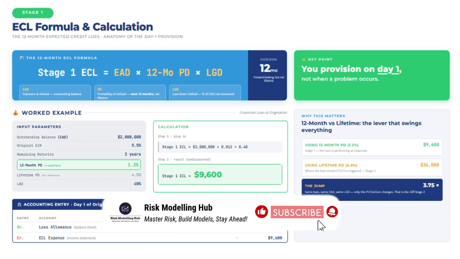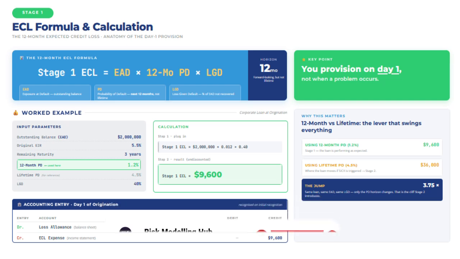So let us take a corporate loan. Outstanding balance is 2 million and the origination LGD is 5.5%. Remaining maturity is 3 years and your 12-month PD is 1.2%, and that's your key input. The lifetime PD is 4.5%, but we ignore that in stage 1. So LGD is 60% here.